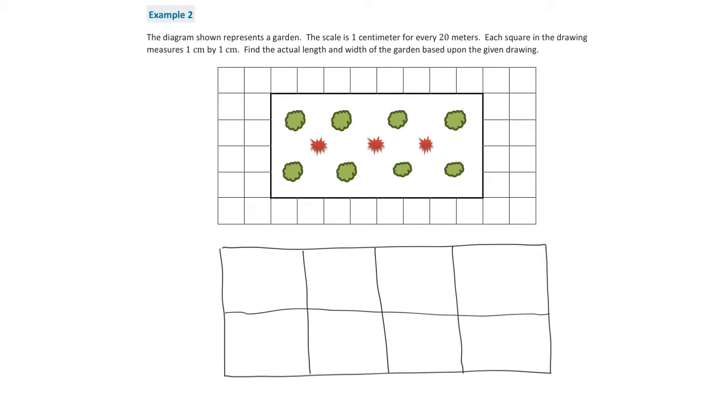Now we're going to fill this in together. So first we have our drawing length. This represents the actual drawing where each square in the drawing measures 1 centimeter by 1 centimeter. Then we have our actual length, and that represents the 1 centimeter for every 20 meters here. Now let's put in our scale, our length, and our width.